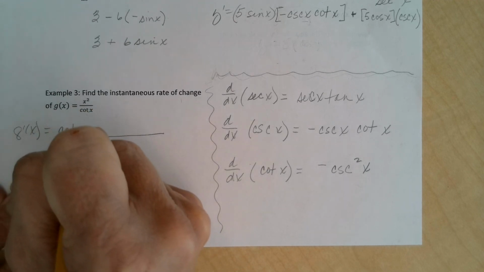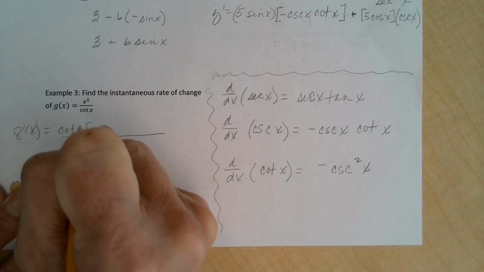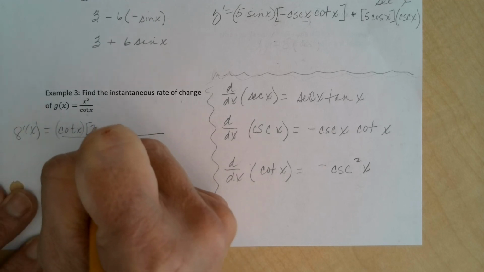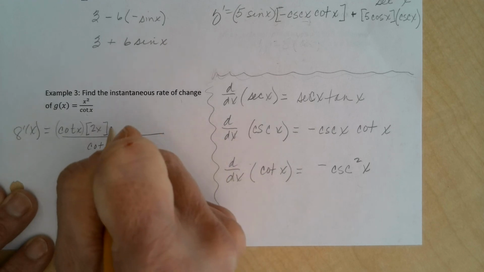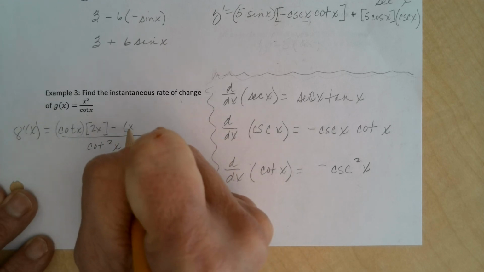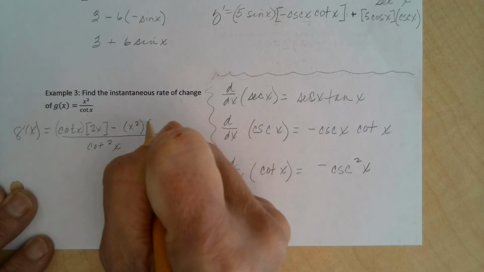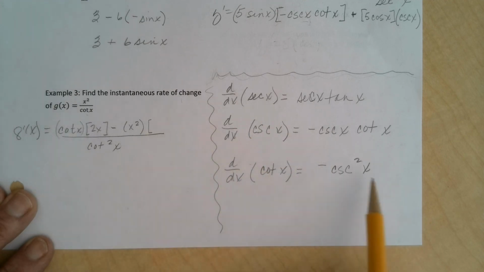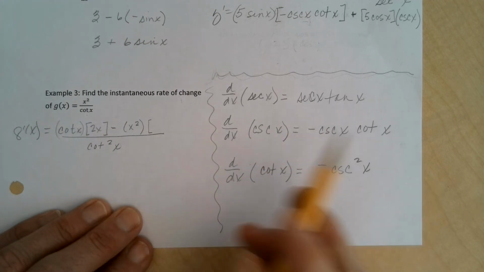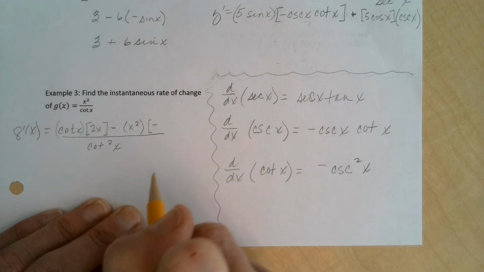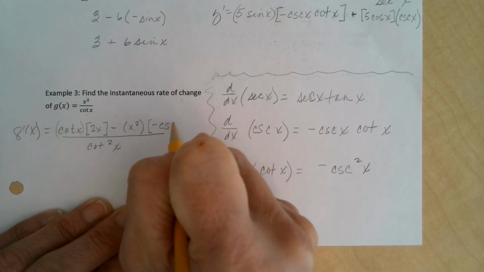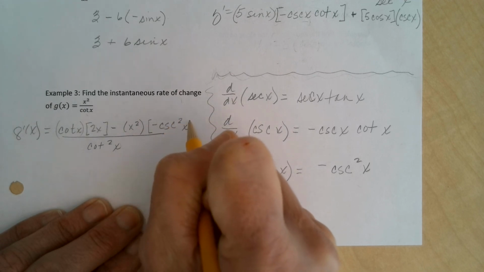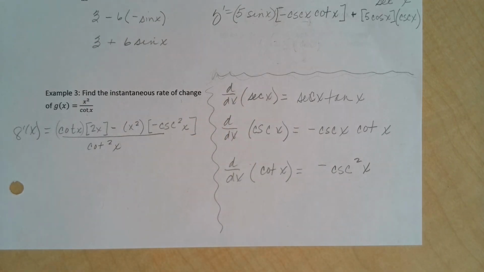Low D high minus high D low, cotangent, square the bottom and away we go.